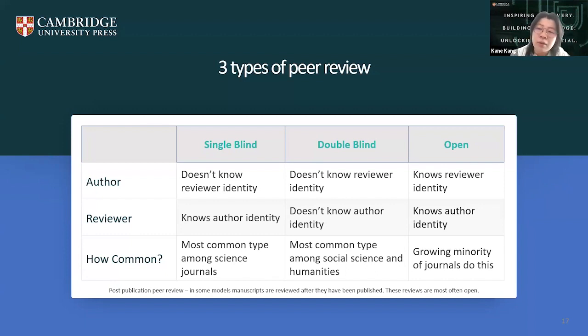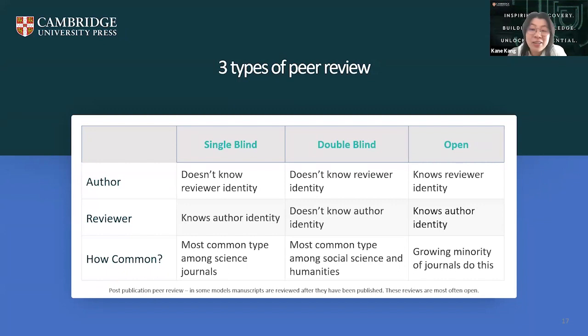And there's also a more rare type of peer review, triple blind. I don't know whether you've met this. That means not only authors and reviewers are blind to each other's identity, but editors are also blind to the identity of both. This aims to minimize bias among editors.